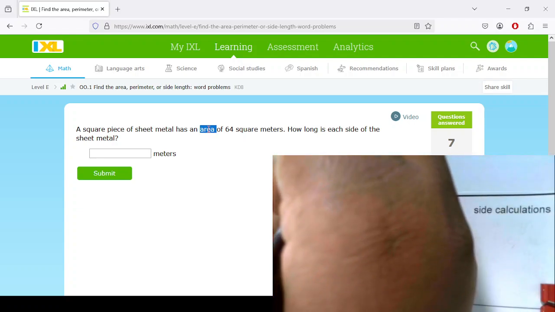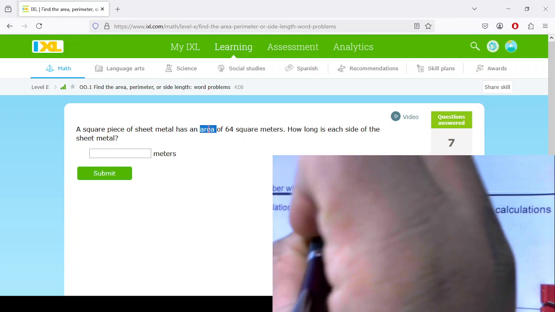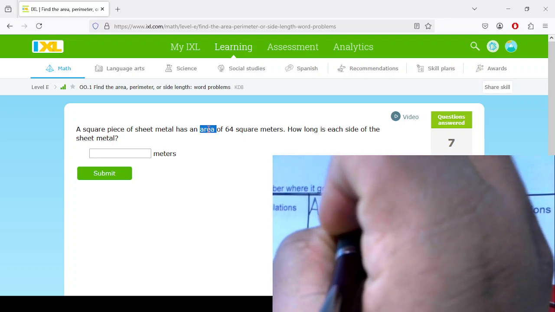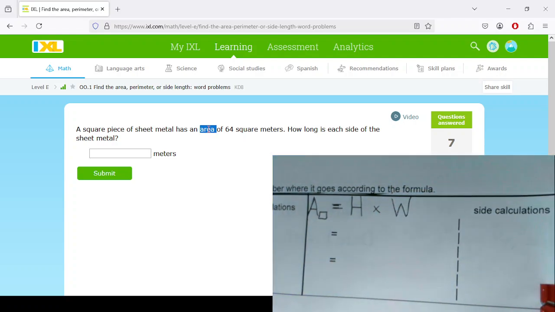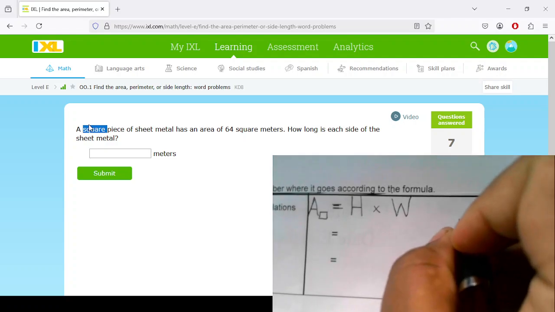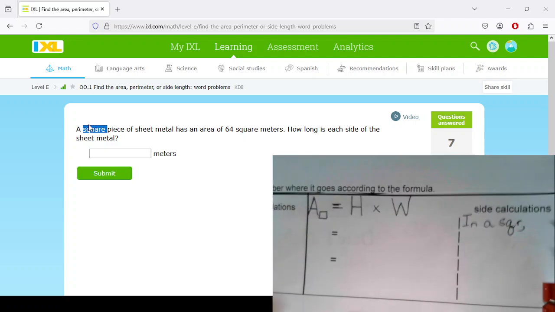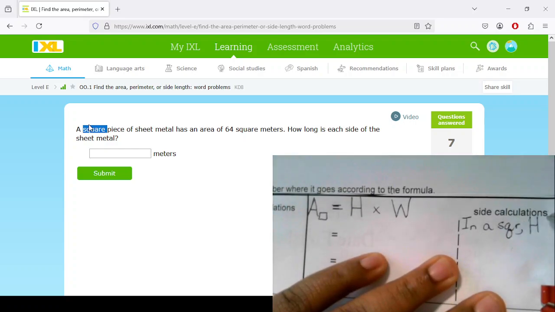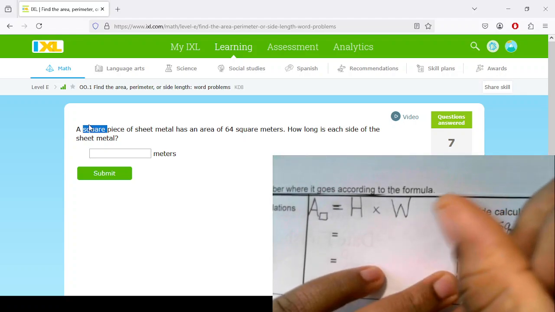So the area of a rectangle is calculated by multiplying the height dimension by the width dimension. And they tell me that this is a square. And so I remind myself that in a square, the height dimension and the width dimension are the same.